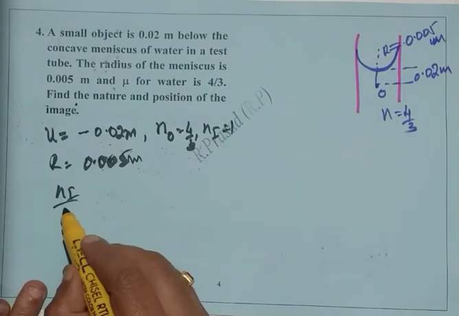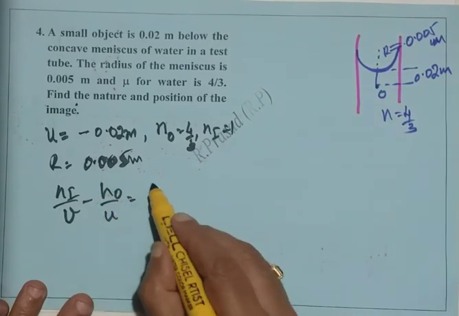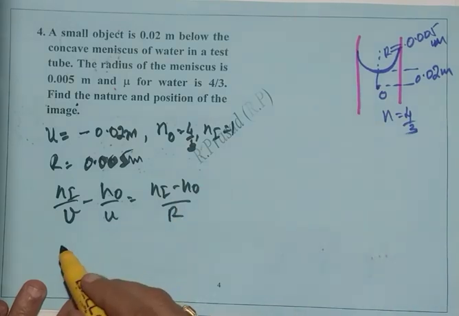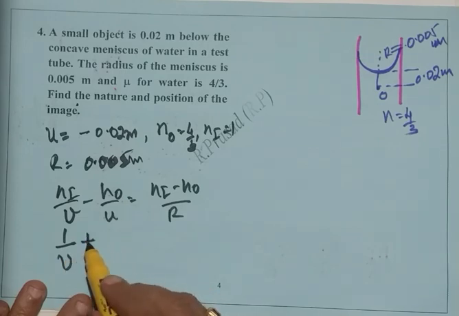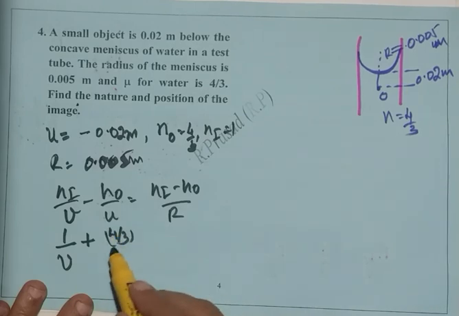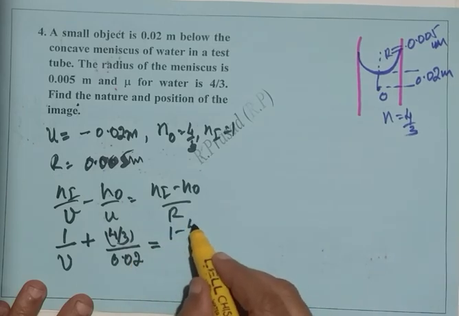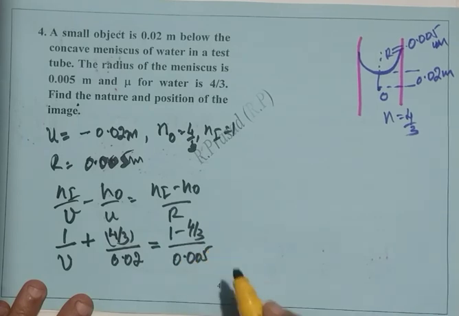Ni by V minus NO by U, Ni minus NO by R. We substitute everything. Ni is 1 by V minus of minus plus NO 4 by 3 by 0.02, which is equal to 1 minus 4 by 3 by R 0.005.